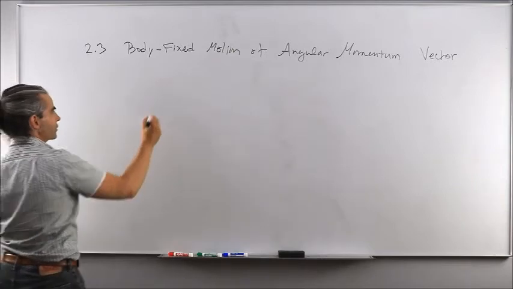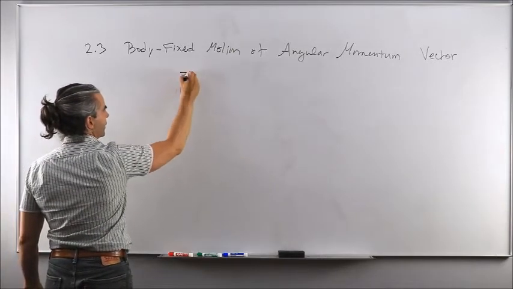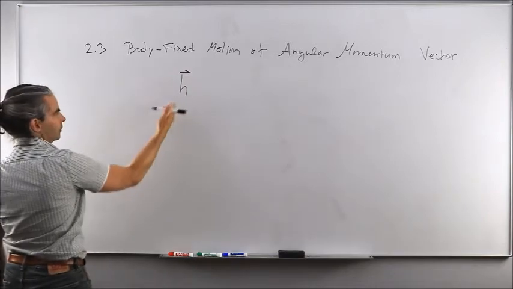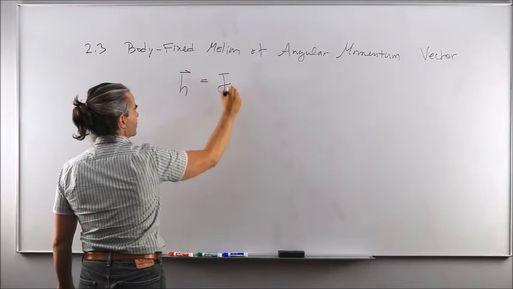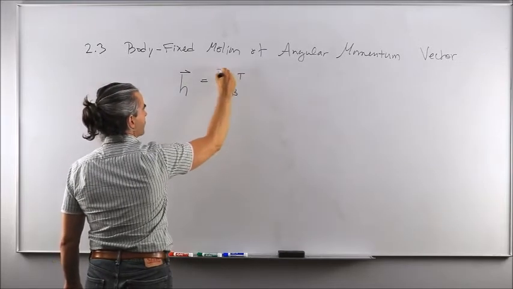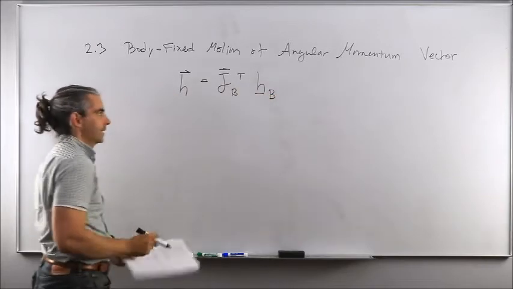Okay, so let's first start from the beginning, and let's say that the angular momentum vector, represented by h, obviously can be expressed in terms of its components in the body fixed reference frame like that. Same old, same old.